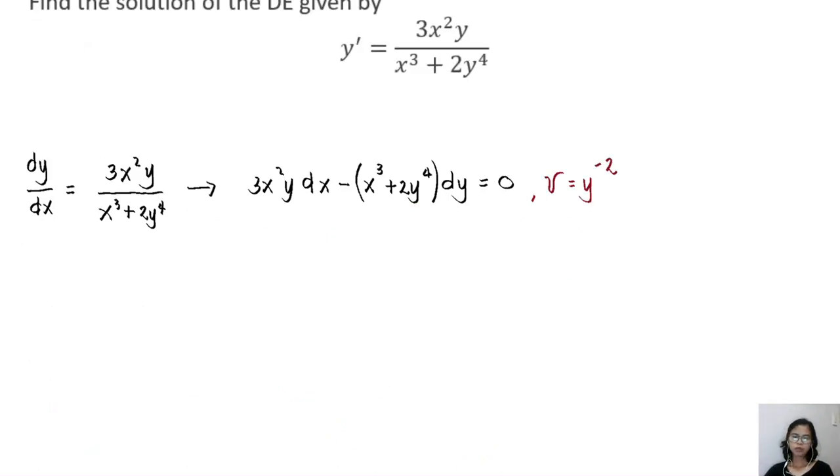So right now, we will be multiplying this integrating factor y raised to negative 2 to this inexact differential equation. We are not changing its value, but we are just multiplying both sides to make this differential equation exact. So that will become 3x squared y dx times y raised to negative 2.